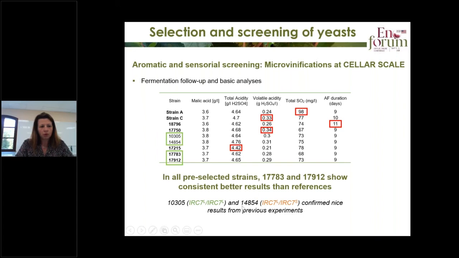Two strains pre-selected from previous experiments confirmed nice results: low fermentation, low volatile acidity, and low total sulfur dioxide. In all pre-selected strains, strain 17783 and strain 17912 show consistently better results than the reference.